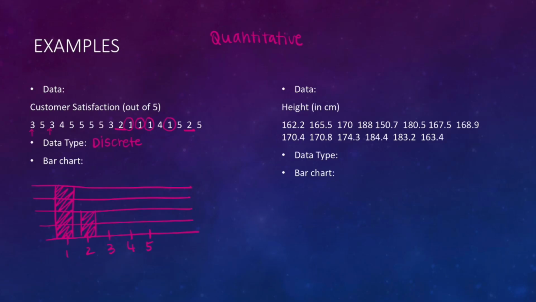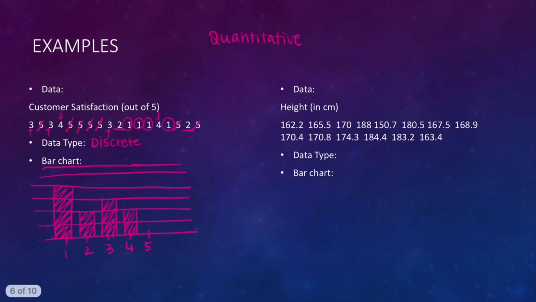I have 3 3s. Then I have 4s: I have 2 4s. And then I have 1, 2, 3, 4, 5, 6, 7. Looks like 7 5s. And then I would draw my bar chart.